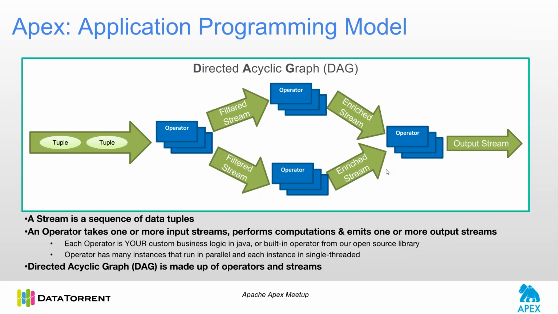As a whole, when you connect the operators using the streams, you get a DAG, which we call a directed acyclic graph. There cannot be a cycle in the graph. And one operator can have multiple instances that run in parallel, so that you can achieve large-scale parallelism using Apex. This is the general streaming paradigm that we use in Apex.